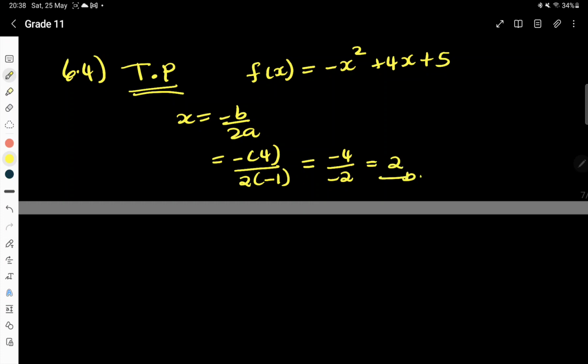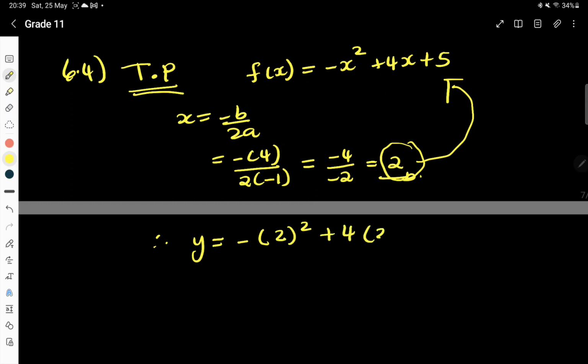When you are done, you take this and substitute it there. Therefore, y equals negative 2 squared plus 4 into 2 plus 5. Then you punch this in your calculator.